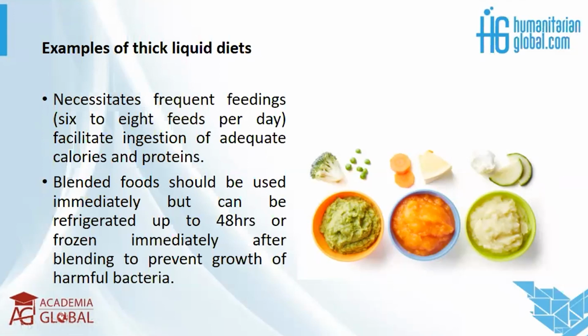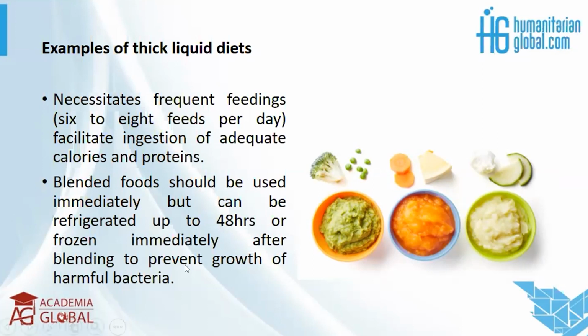Now, I also needed to point out something here, because any patient who is being fed on a thick liquid diet may necessitate frequent feedings, 6 to 8 feeds per day, to facilitate ingestion of adequate calories and protein. Now, blended foods should be used immediately, but can be refrigerated up to 48 hours or frozen immediately after blending to prevent growth of harmful bacteria.